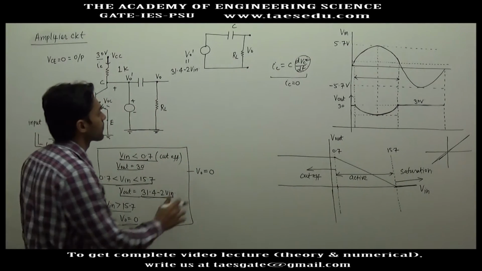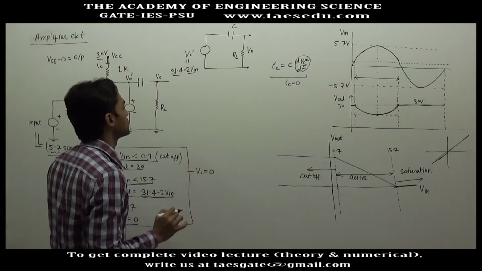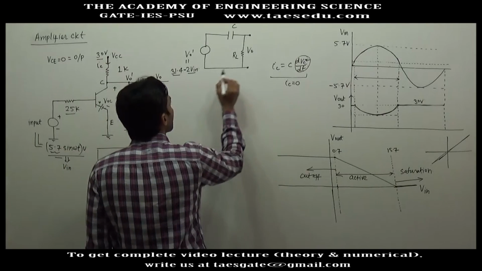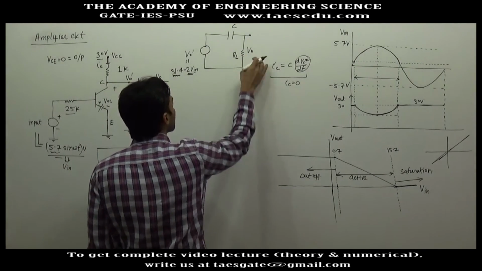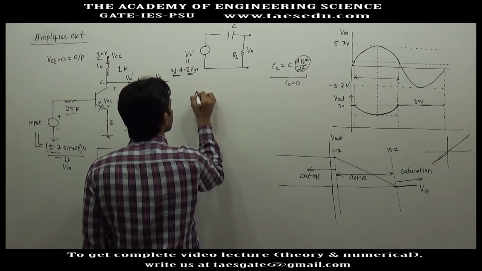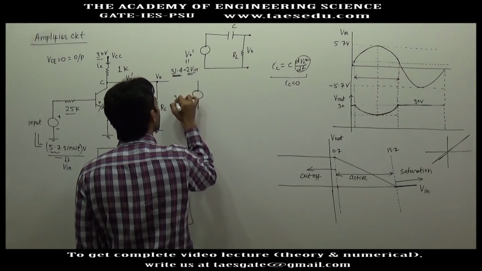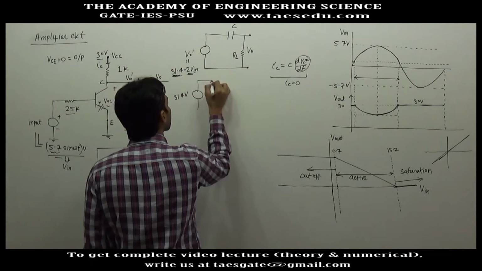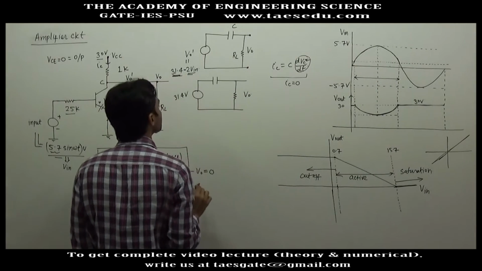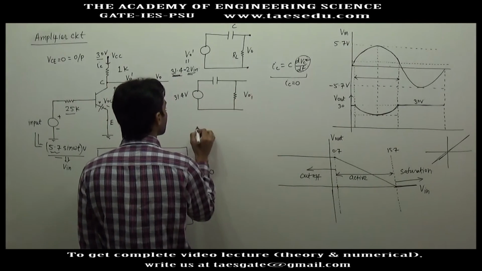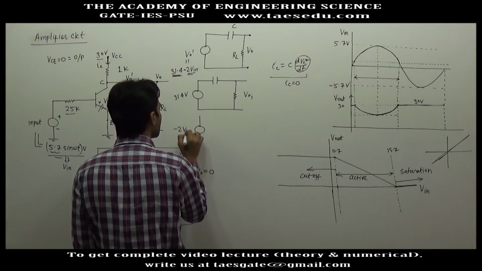What we have here is an input composed of 2 voltage sources. So what you do is find the response of individual voltage sources and then add all the responses. First we have a DC source of 31.4 volt, and you have to find the output voltage. This will be V01, and in the second case the second source is minus 2V input.